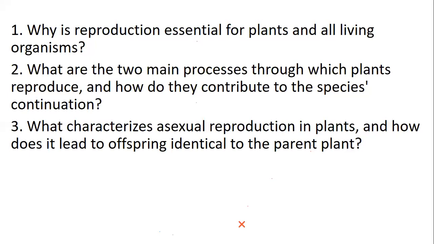Things like the earthworm can also carry out asexual reproduction. But as you go to more advanced organisms, that becomes impractical. God has designed us differently so that we don't undergo asexual reproduction.